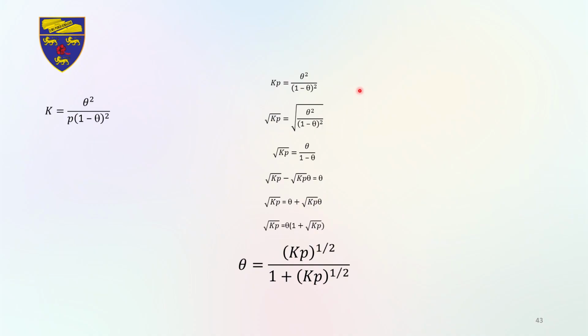This slide shows step by step how to obtain the value of theta from the beginning, where you have the rate law for the rate of adsorption and also the rate of desorption when they achieve equilibrium. From there, we replace Ka over Kd with the equilibrium constant for the process of adsorption involving dissociation of the molecule. So we get this term here, and from this term we square both sides, which reaches this step.